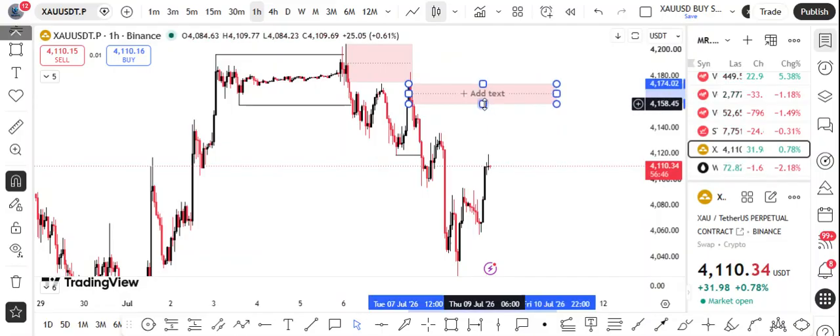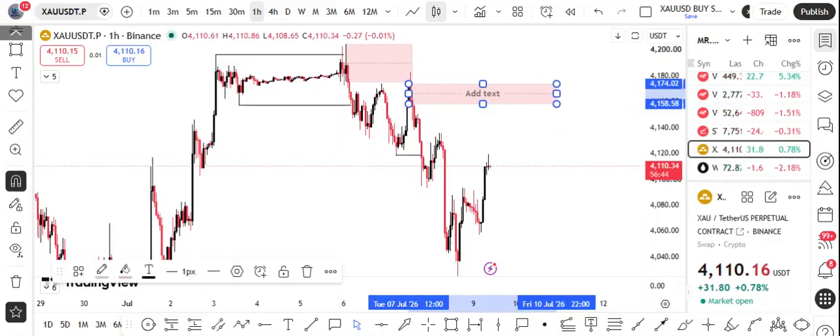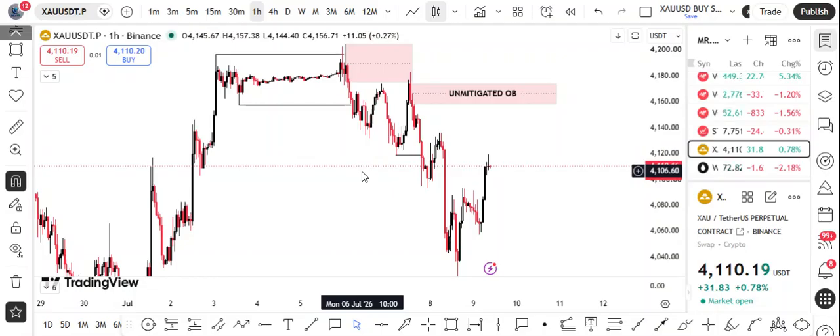So when we look at this, we have this previously unmitigated. This is unmitigated OB. So we will refer to this later in the future.